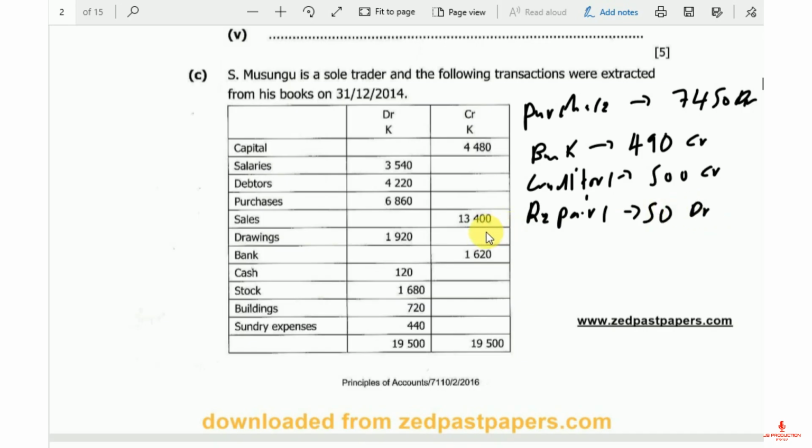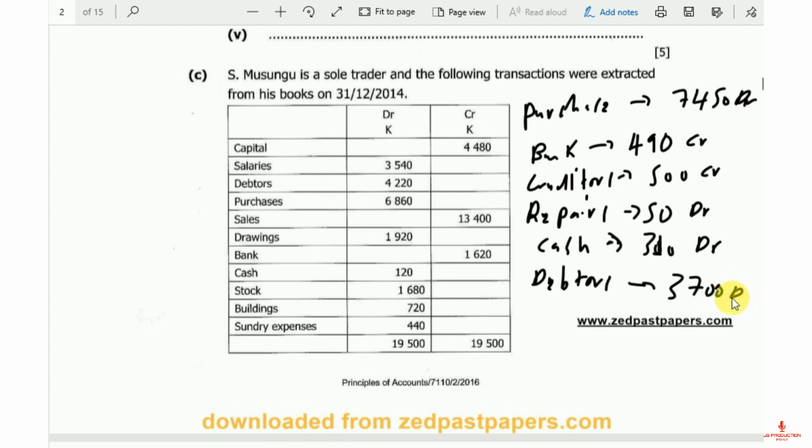Then we also had cash, there had the balance of 310, and it was on the debit side. Then we also had debtors, and that had the balance of 3,700, and that was on the debit side.